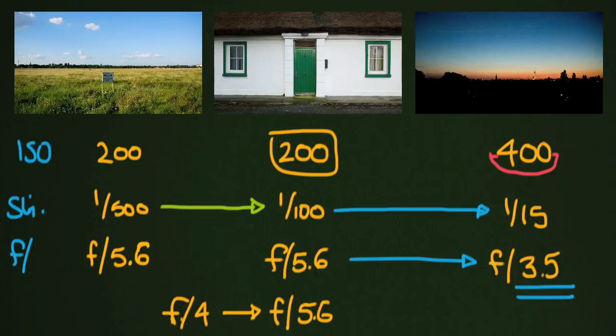You also have, for example, 250th of a second and 125th of a second. Now that is also one stop of light. So shutter speeds can be one stop of light, and f-stops can be one stop of light away from each other.